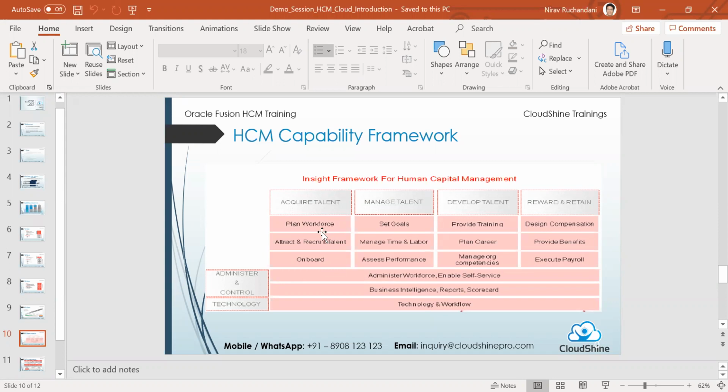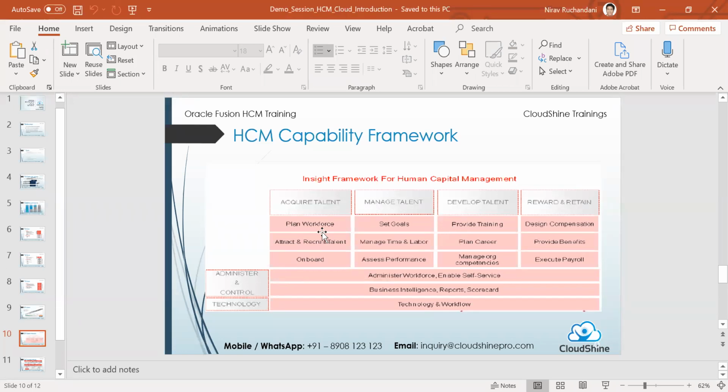There is a module, or an area, where his time or productivity is managed, which we will see through OTL, or time and labor as it is called. And then through the course of the year, how his goals evolve, and then his performance is assessed at different stages of the cycle is what forms a part of managing talent.